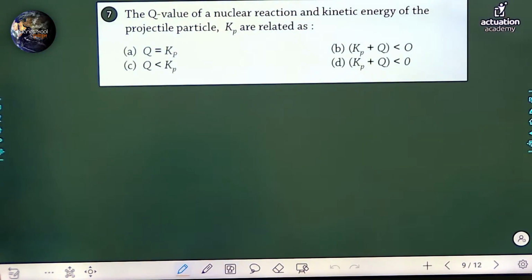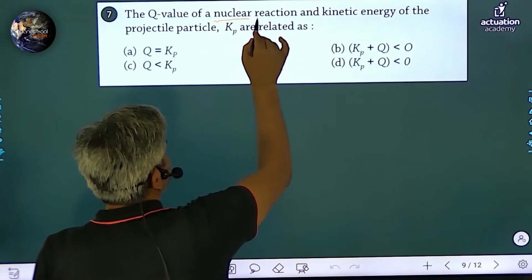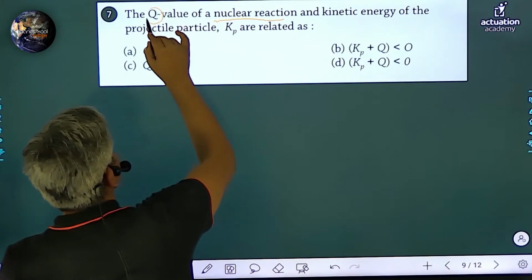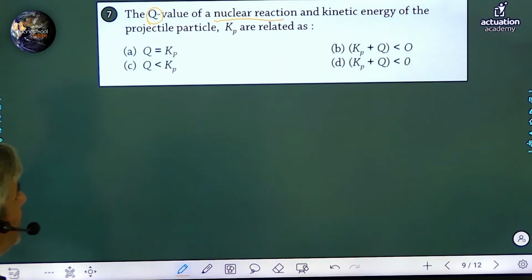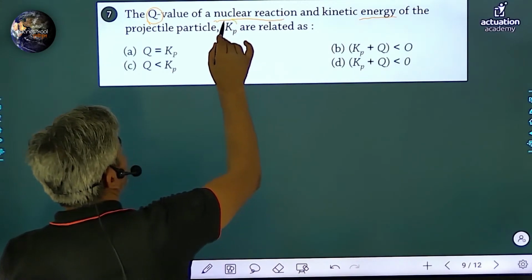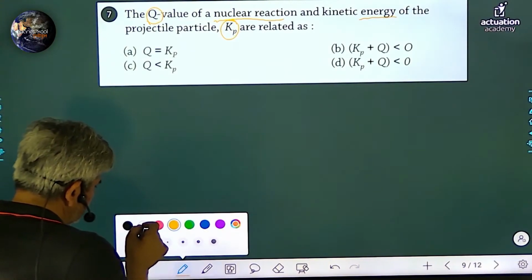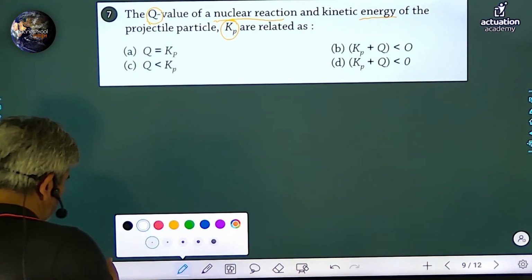In this question, the Q value of a nuclear reaction is given as Q, and the kinetic energy of the projectile particle Kp are related as follows. Let's first understand how a nuclear reaction works.